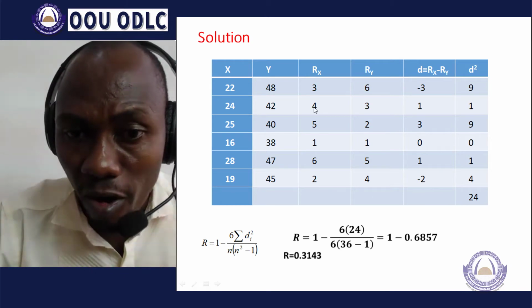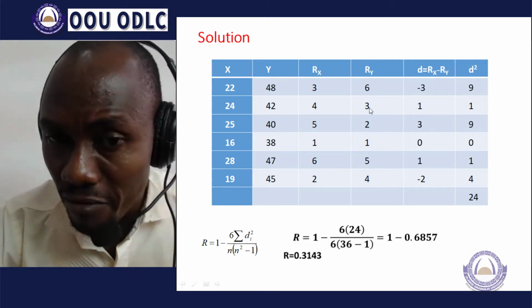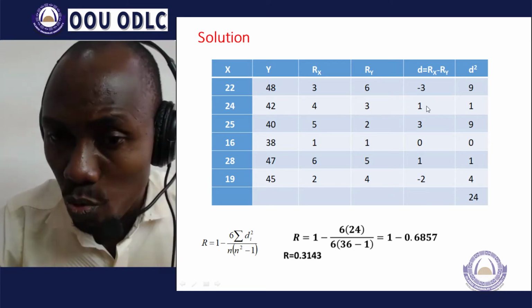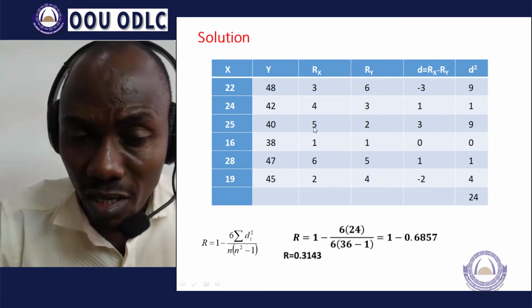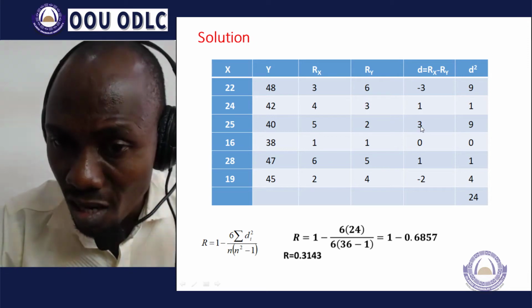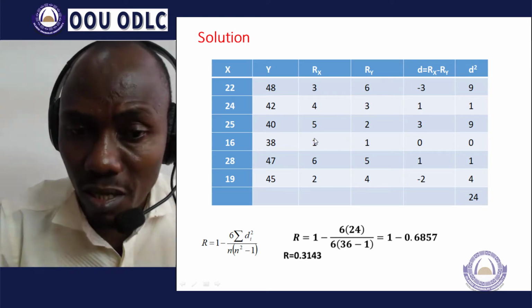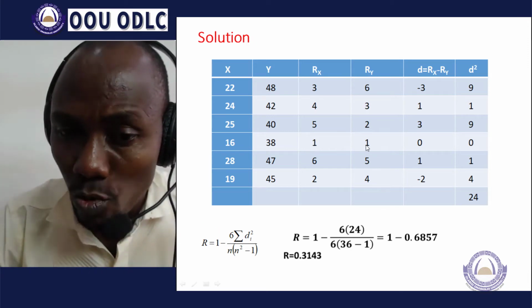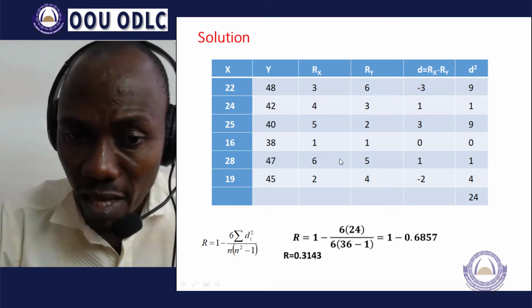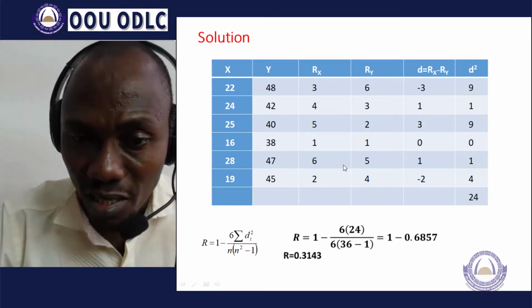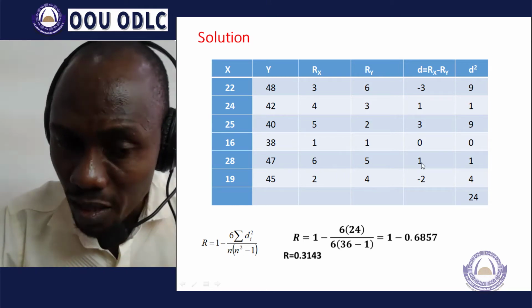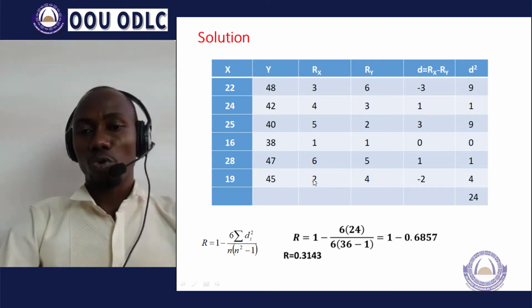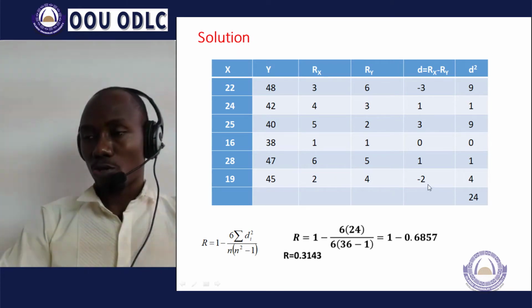So also 4 minus 3 for the second observation is 1. Next observation, 5 minus 2 is 3. Next, 1 minus 1 is 0. Next is the difference between 6 and 5, which is 1. Finally, the difference between 2 and 4, which is minus 2.